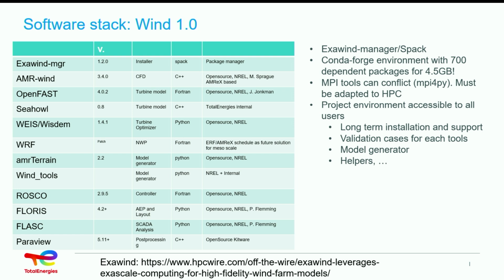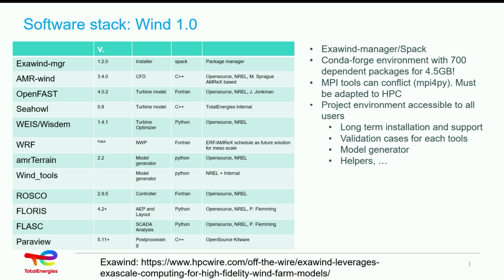It's an important part of the project to agree with all those open source projects developed at NREL, or partly at NREL, to have a clear identified tag for all the versions of the software that work together for our own needs. And so now we are ready for that, so it's good.